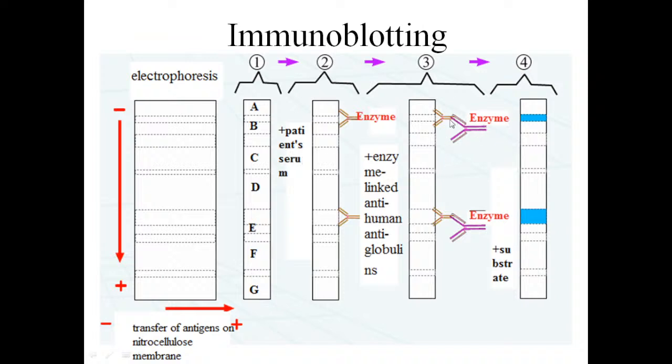We can see it in this picture, at this stage. And we don't know whether these anti-human antiglobulins are bound or are not bound with the patient's immunoglobulins, with the patient's antibodies in serum.